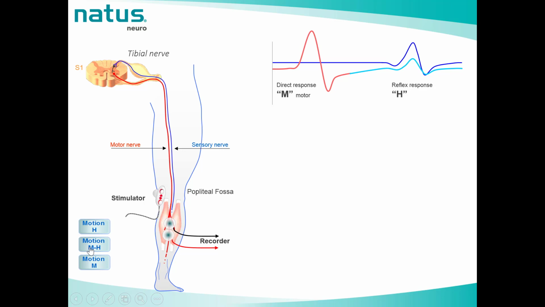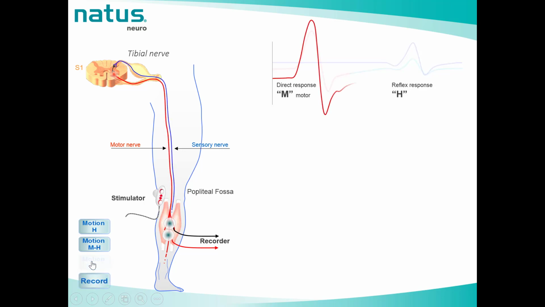As we can see on the right side, we start to see a motor response, and we have a decreased H response due to the collision. If we increase the stimulation even more, we will start having a total collision, and in that case, only the motor response will be seen. We have a total collision, and only the motor response is showing.